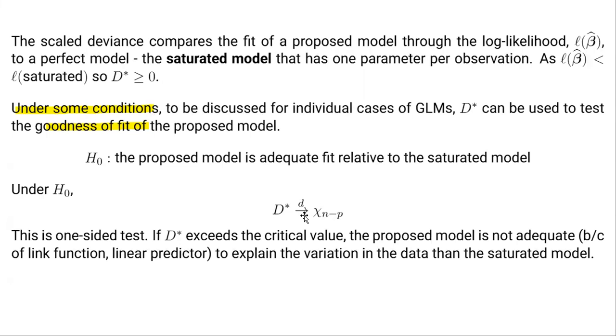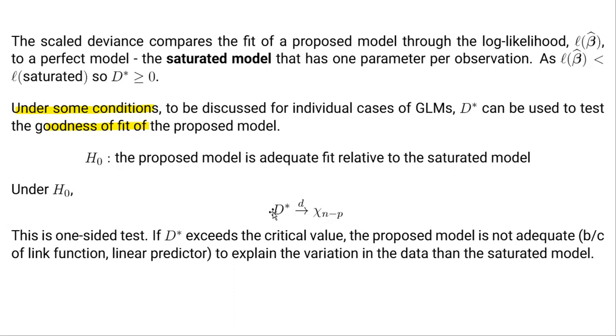Now, what is the idea here? Since it's a difference between the log likelihoods, if your model is pretty good, then the likelihood value computed for your model should be quite close to that of the saturated model. If it's a million miles away, then it's basically saying it's not really a good fit.